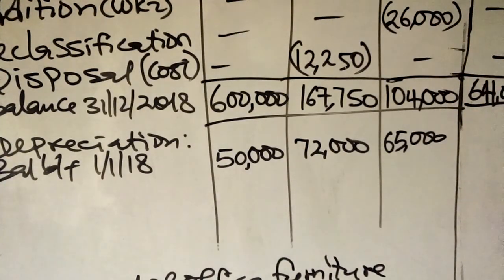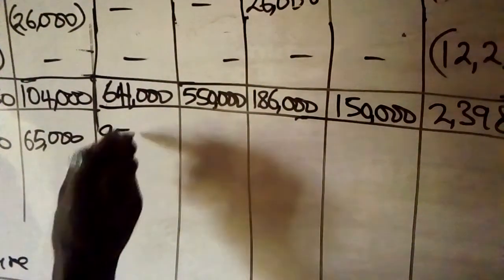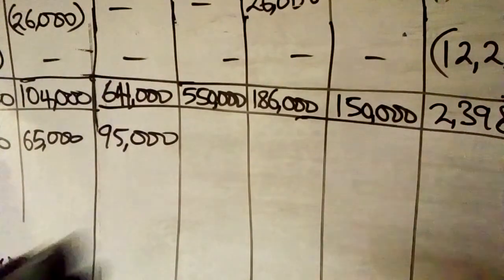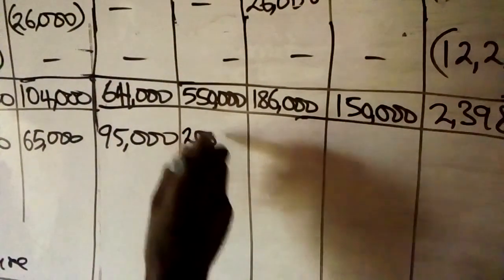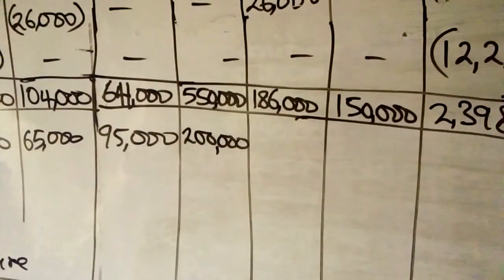Then 95,000 for plant and machinery. Then 200,000 for motor vehicles. Then 80,000 for computer equipment.